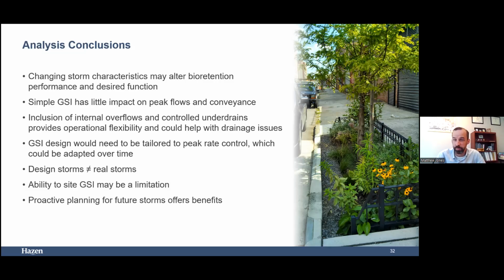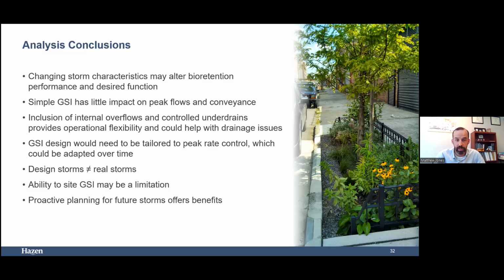And that's especially important when we think about the variability in storm characteristics and how those change over time. Having that operational flexibility provides a lot of value. And of course, you can take it a step further by looking at automated controls and things of that nature that can look at what is the storm that's being projected and best tailor the release rate from that bioretention accordingly.